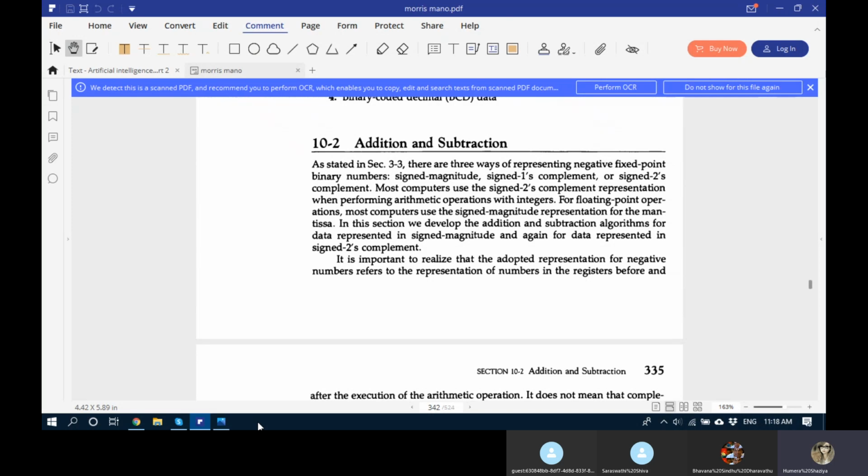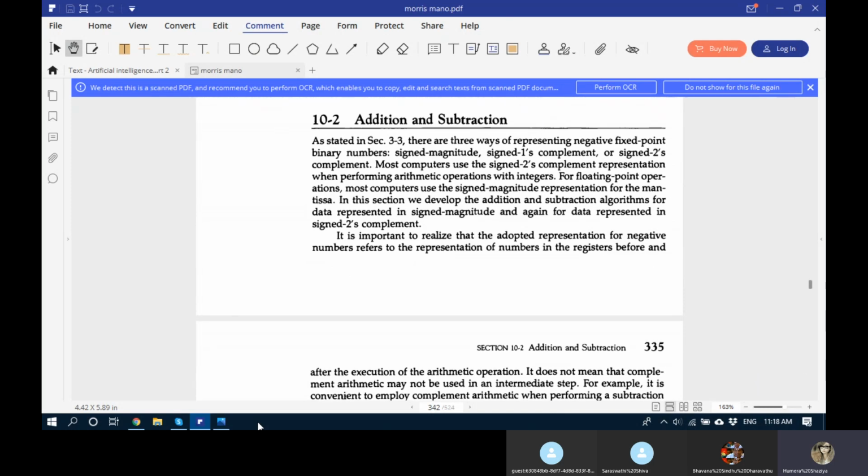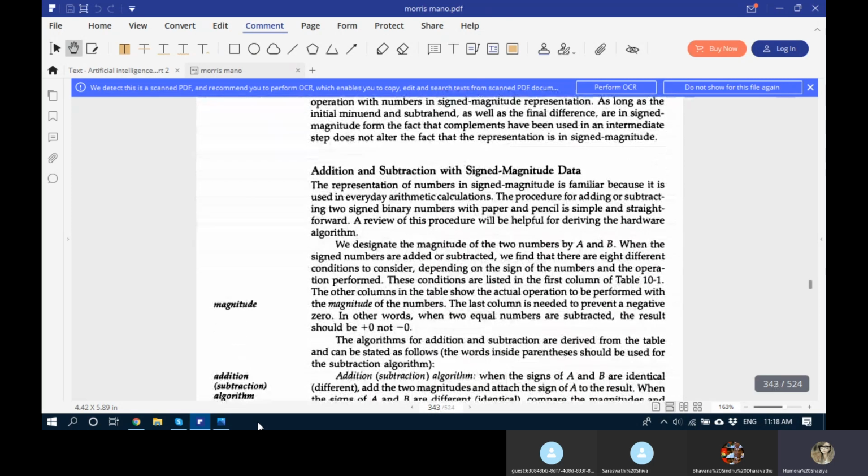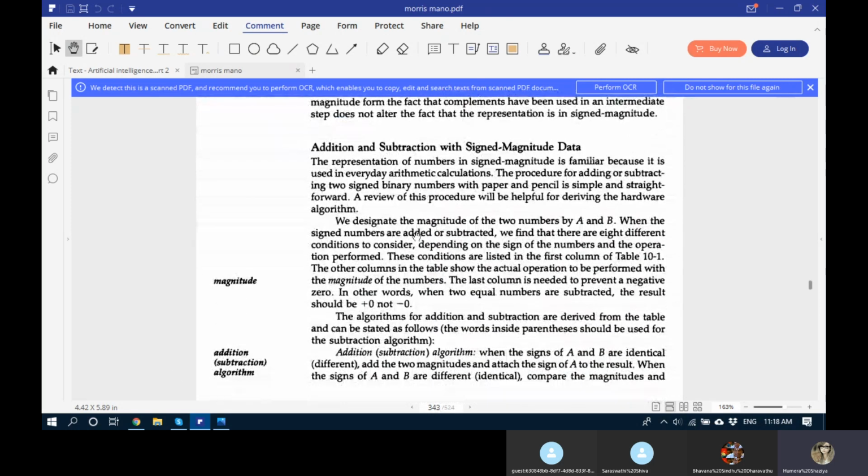You can perform operations on these numbers using some algorithm. What is an algorithm? An algorithm is a step-by-step procedure to perform a particular task. In this topic, we will study addition and subtraction with signed magnitude data.